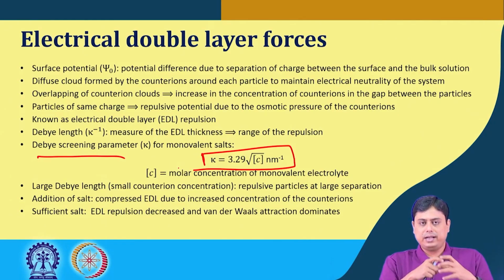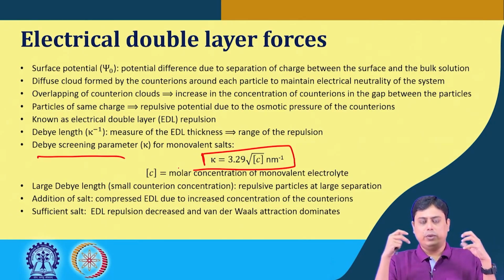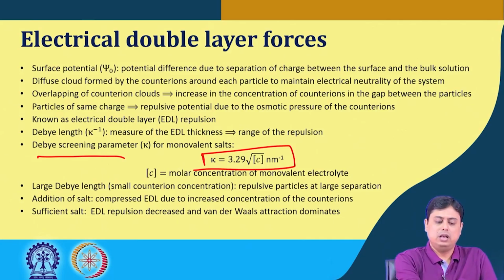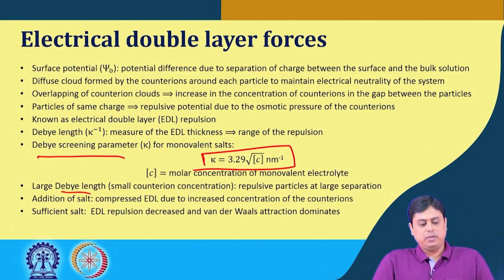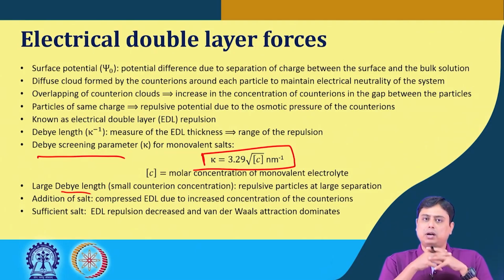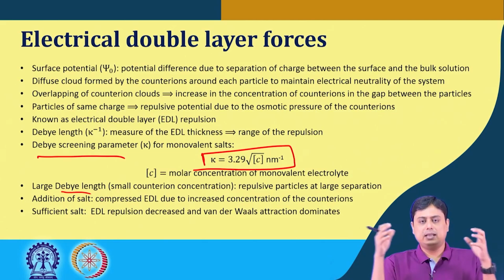So the concept here is that when this Debye length is large, which means we have a small concentration of counter ions around the particles, the particles are repulsive at a larger distance.